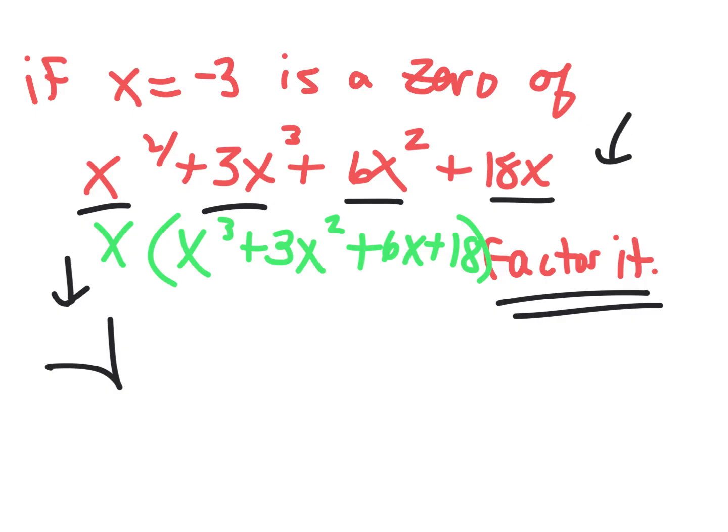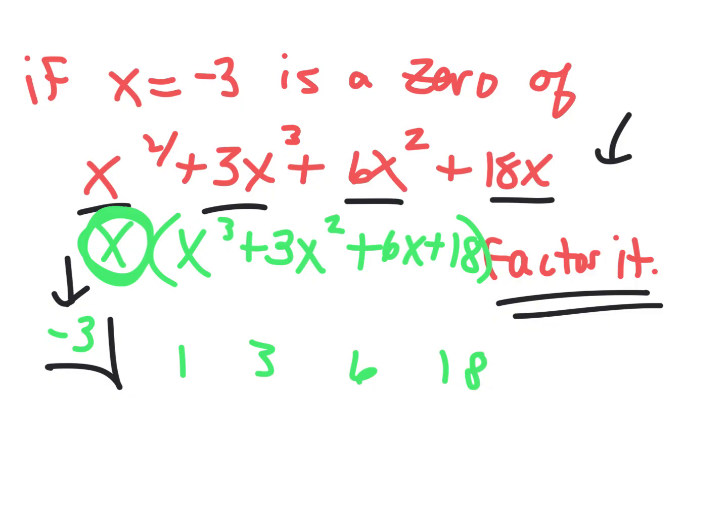Cooper, can you tell me what numbers go across here? 1, 3, 6, 18. How come you can do it now? Because you factored the x out. And you've got to remember that you factored the x out at the end of the problem.